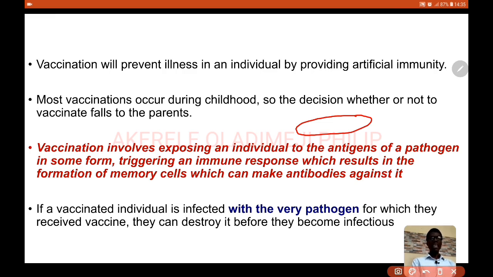All right. Now, if a vaccinated individual is infected with the very pathogen for which they received the vaccine, that means they've received the vaccine before, they can destroy it before they become infectious. That's what happens. As a matter of fact, now let me be more practical. Let's imagine that you got a vaccine for polio, and the vaccine was a dead polio pathogen, and your body was able to form immunity, develop antibodies, and memory cells have remembered what the polio pathogen probably looks like.